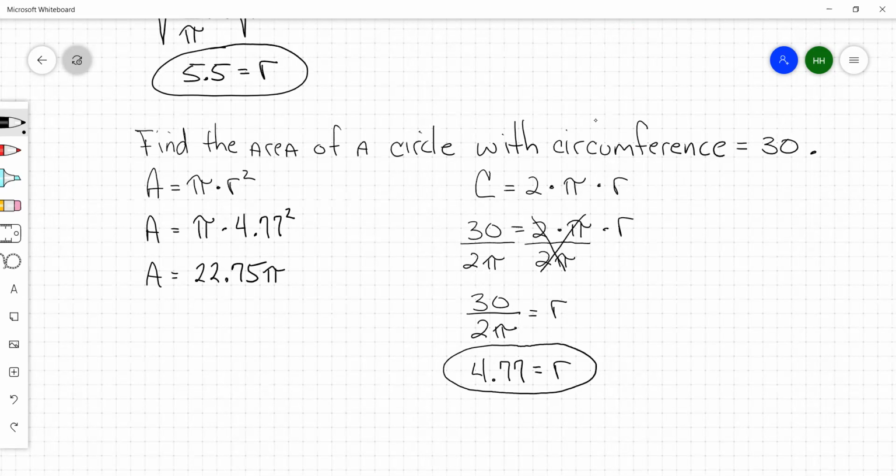That's your answer in terms of pi, which is equal to approximately, you push times pi button on your calculator, 71.48. And again, there's your answer in terms of pi and your answer as a decimal rounded to the nearest hundredth.